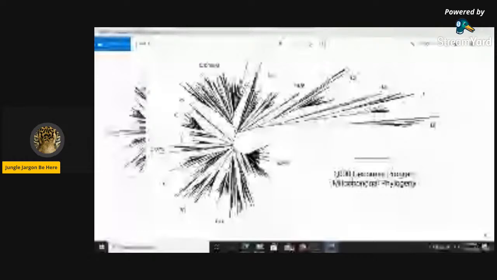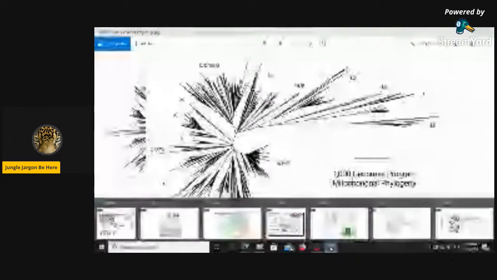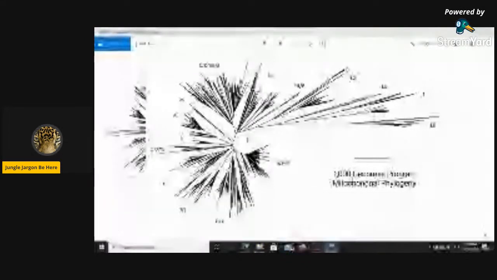The maternal Semitic wife, the maternal Japhetic wife, and the maternal Hamite wife all have their own maternal mtDNA family trees by themselves. They do not connect to each other. Only in mitochondrial Eve do they connect to each other.